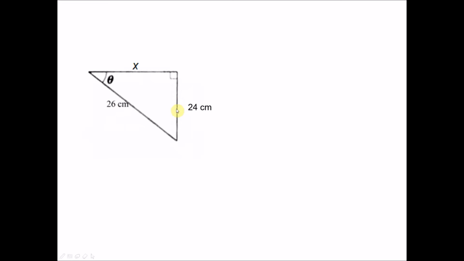This side is 24. And since this is a right-angled triangle, we can always use Pythagoras theorem to find x. According to Pythagoras theorem, the square of the hypotenuse equals the total of the squares of the other two sides.